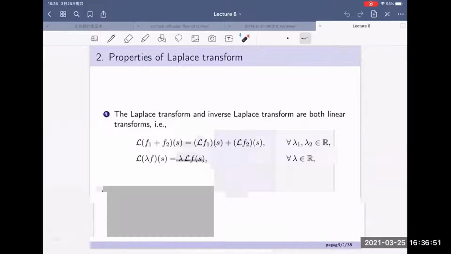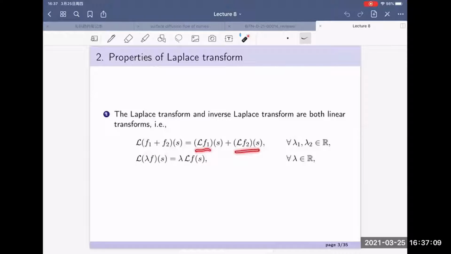Both the inverse Laplace transform and the Laplace transform have the same property called linearity. They are linear transforms. Linear transform means that it transforms a sum into a sum of transforms. Okay. You can apply the Laplace transform to each term and then sum up the two terms. This is called linearity.